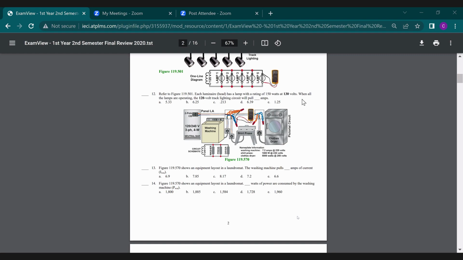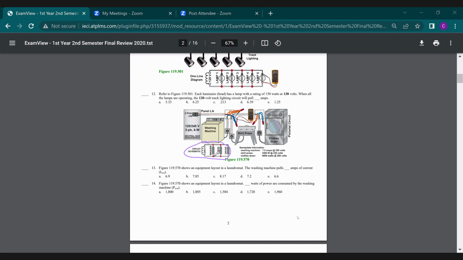All right. In this, it's asking what is the washing machine amp or of current, or amp pole, I should say. Number 14 is the watts of power consumed by the washing machine. So we're looking at the washing machine solely in this instance. Because we're looking at the washing machine just by itself, we can see that this is run in parallel with each other.